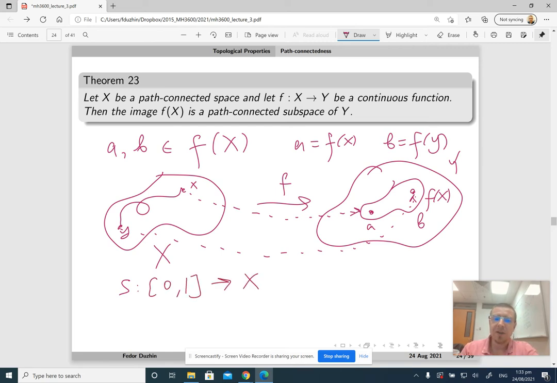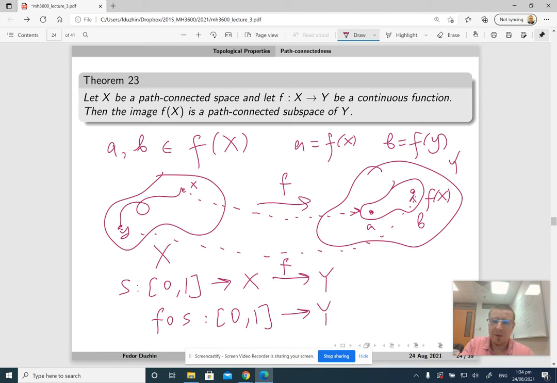But then we can just take the composition of s and f. If you apply s first and then f, f composed with s is going to be a function from [0,1] to Y, and this is going to be a path connecting a and b, obviously.